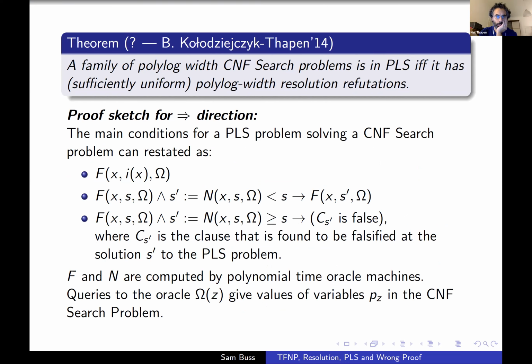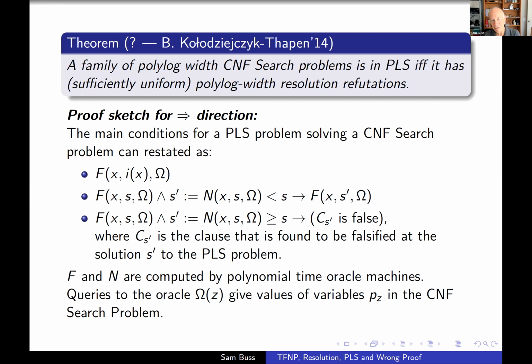So suppose we're given a PLS problem that solves a CNF search problem. The main conditions for the PLS problem can be written as three conditions. The feasibility predicate F holds for X, the initial point I of X relative to omega: F(X, I, omega).